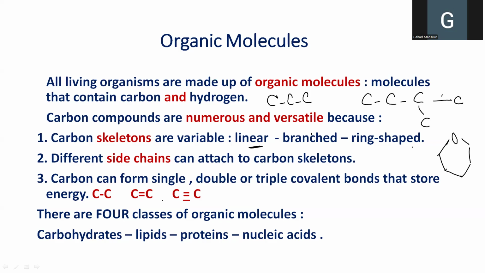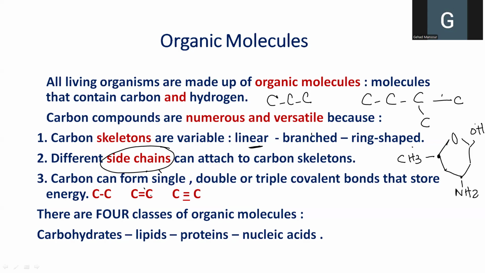Because of this versatility in the skeleton itself, we can have a multiplicity of different side chains that can attach to the carbon skeleton. So you might find, for example, a methyl group connected to a carbon atom here, or you might find an amino group, or you might find a hydroxyl group.